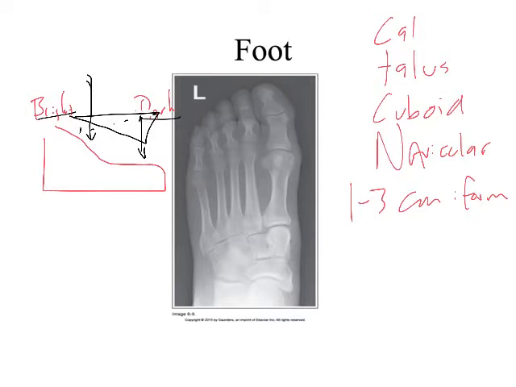So regardless, the foot should demonstrate uniform density across the phalanges, metatarsals, and tarsal bones, okay? Where have we centered here? Third. I haven't quite drawn it right here, but about mid-shaft, right?